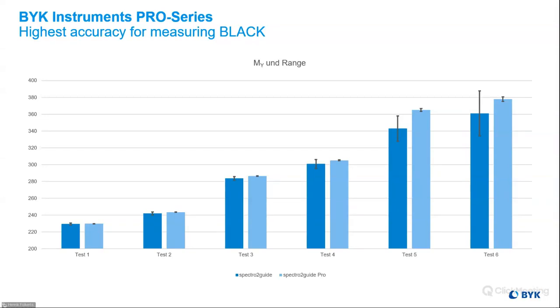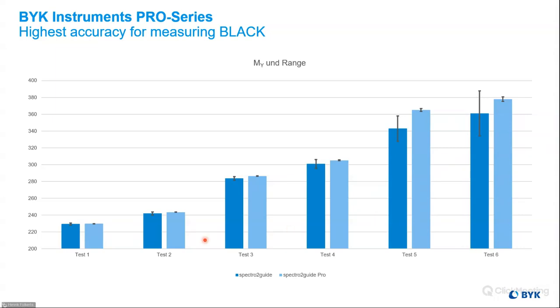Okay, now I want to compare the normal Spectro 2 guide instrument to the Pro model. Again, as 6 samples, test 1 to test 6, and we measure all samples 50 times with both instruments.